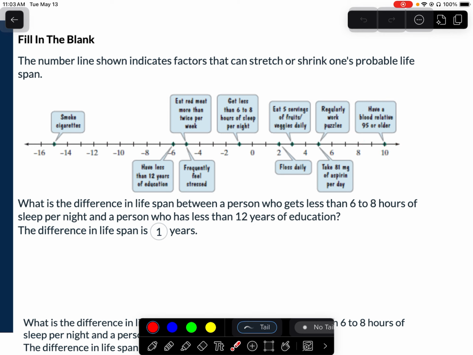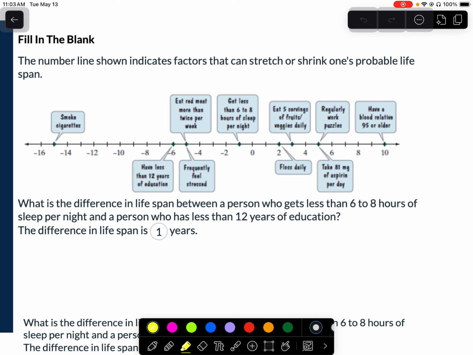Okay. So there's lots of different things there, but it's all describing that positive, negative, or reading that number line. You'll see it goes more negative from 0 here, more positive there. It says, what is the difference in lifespan between a person who gets less than 6 to 8 hours of sleep? Let me highlight that.